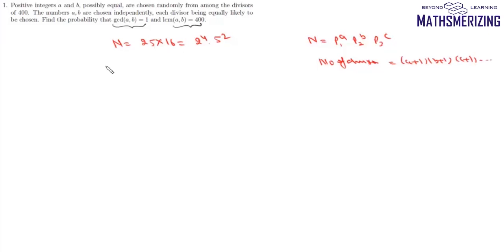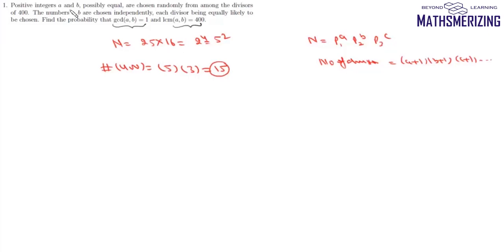So in the case of 400, it is 4 plus 1, which is 5, and 2 plus 1, which is 3. So in total we have 15 divisors of 400.